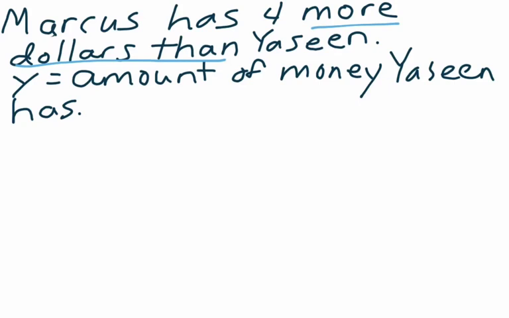So if Yasin has Y dollars, what does more dollars than indicate? Addition. And how much more does Marcus have than Yasin? $4. So an expression would be Y plus 4. Okay, next one.